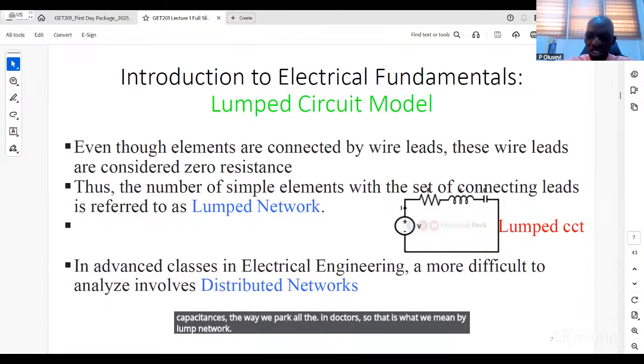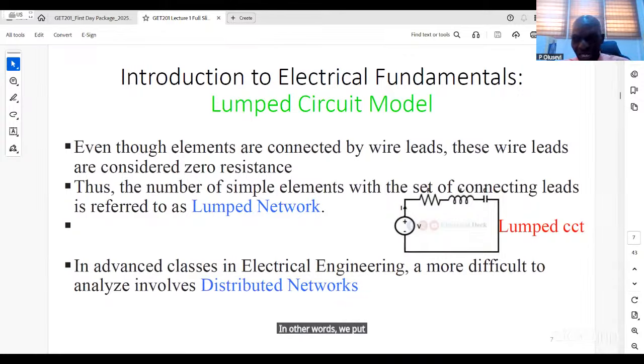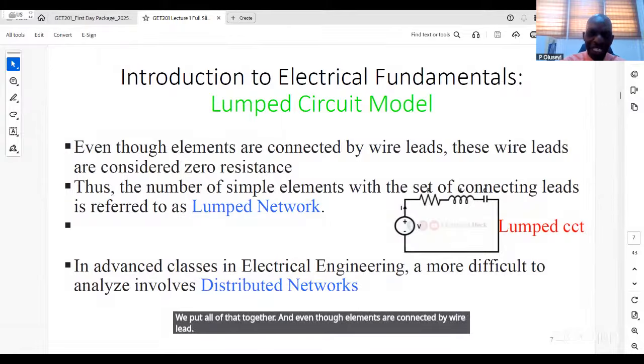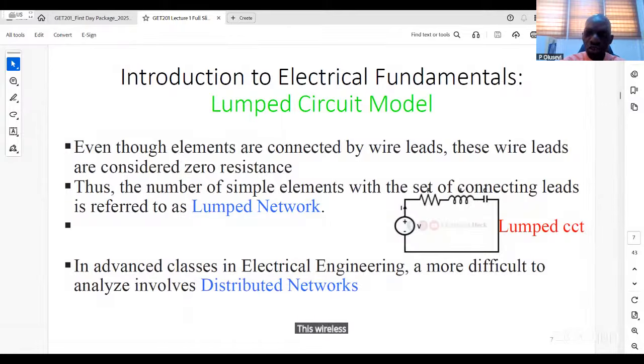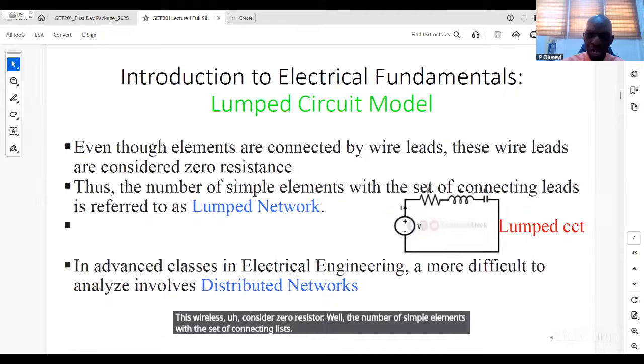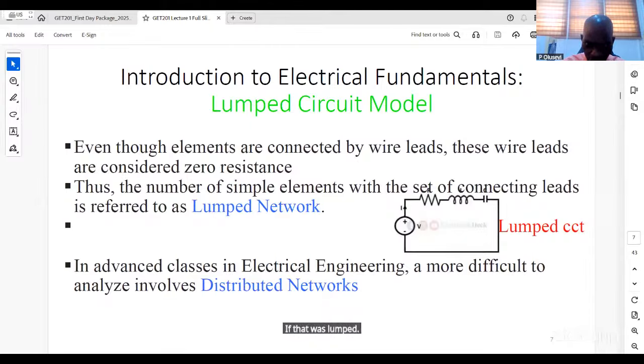In other words, we put the network together, believing that for ease of analysis at your level, we put all of them together. Even though elements are connected by wire leads, these wire leads are considered zero resistance. Thus, the number of simple elements with the set of connecting leads is referred to as a lumped network.